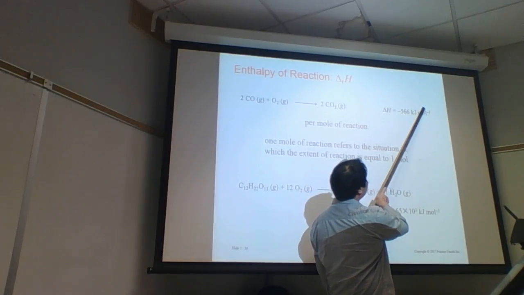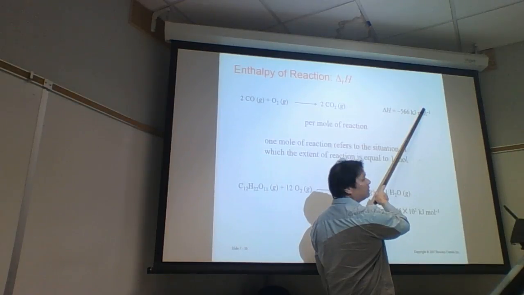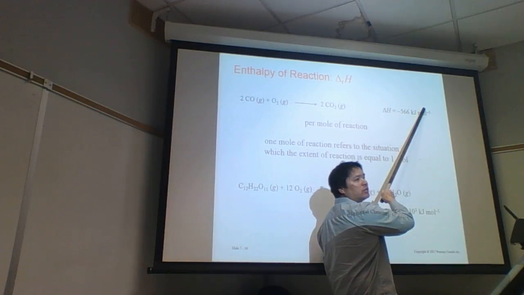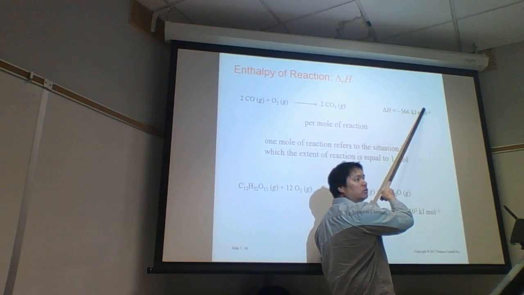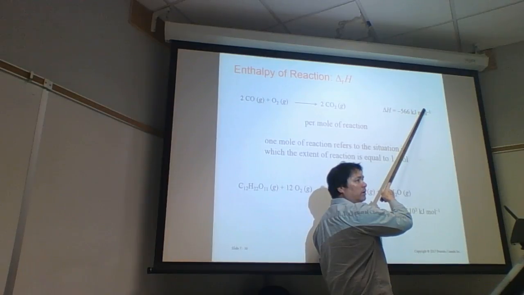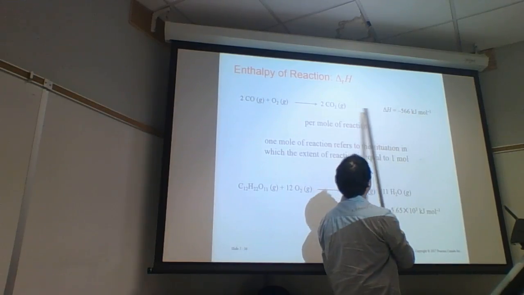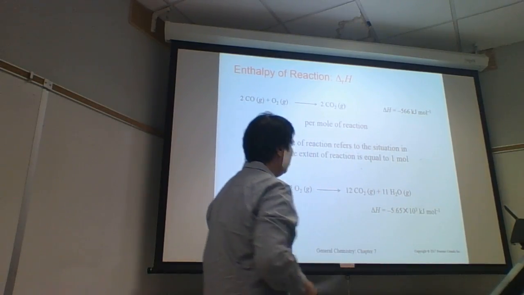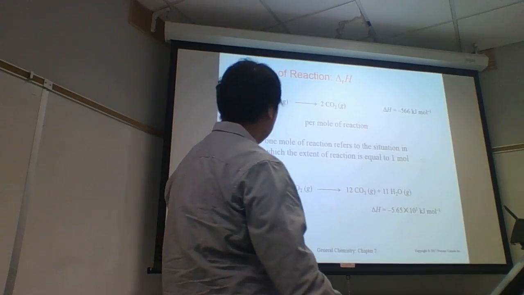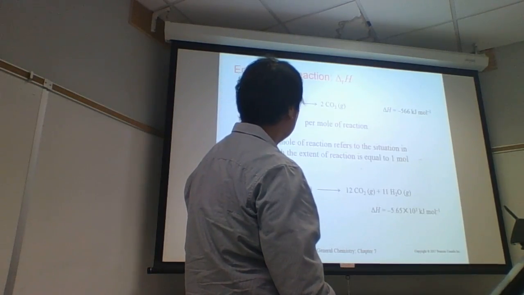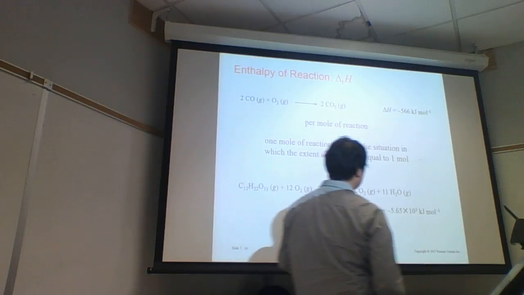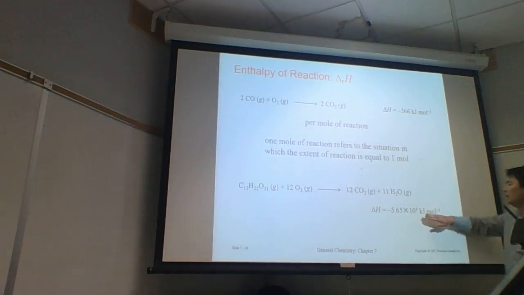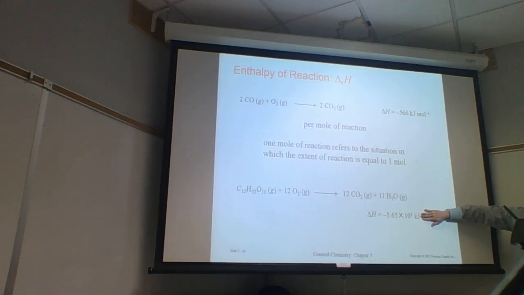Normally we would just write delta H is equal to minus 566 kilojoules for the reaction as written, and then look at each individual reactant and each individual product and do it per mole or per whatever moles there are in that stoichiometric coefficient. And so again, the way this reaction is written here is odd, because here it would just be kilojoules.